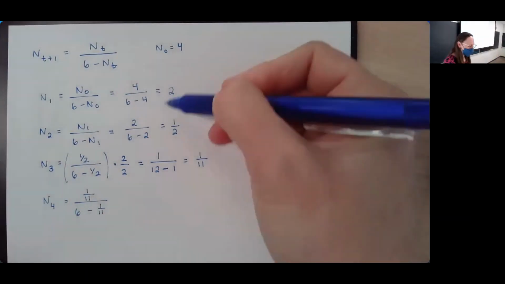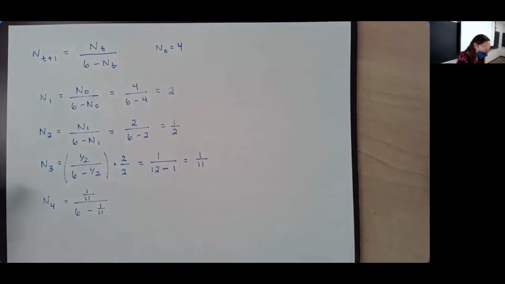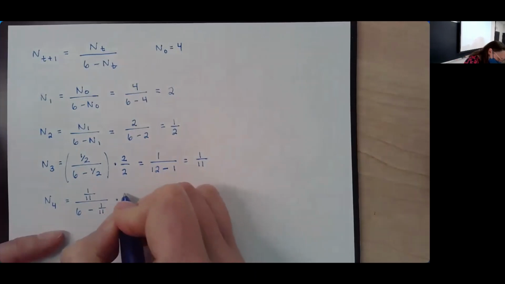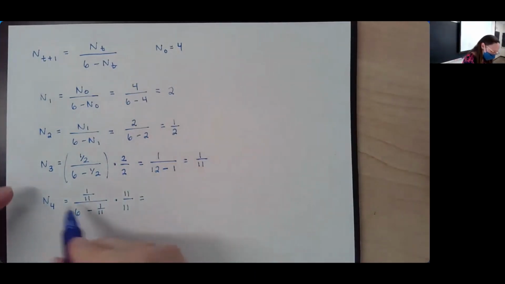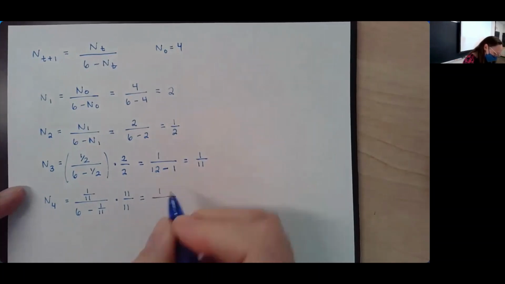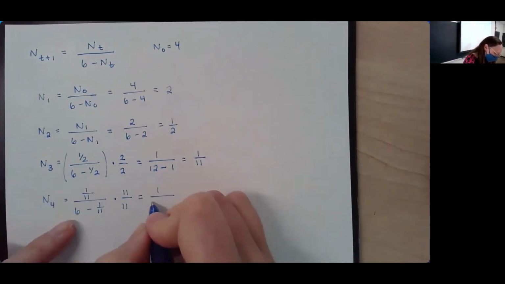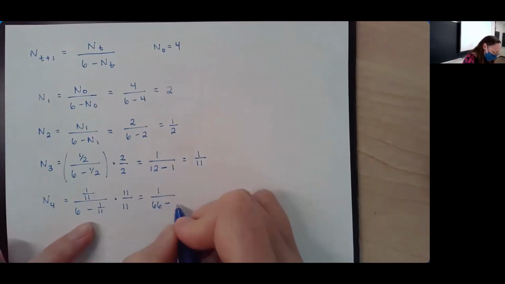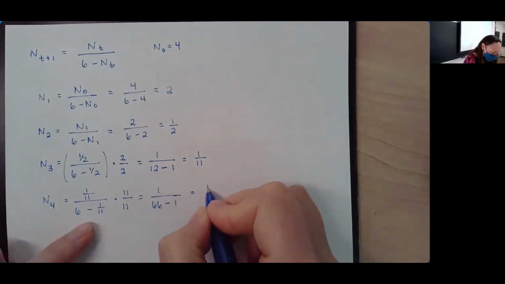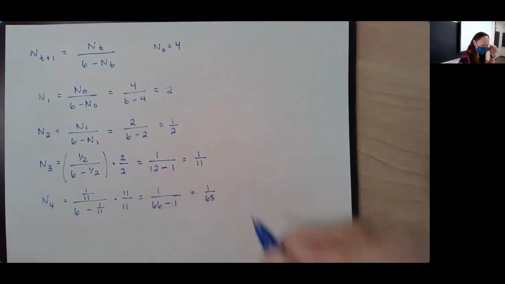What I do see is that these numbers are getting smaller. I'm going to do that same trick, multiply by 11 over 11 to get rid of my fractions. So on top, I've got a 1, and on the bottom, 6 times 11 is 66. Then when I distribute that in here, I'll have a 1, and I'm at 1 over 65.